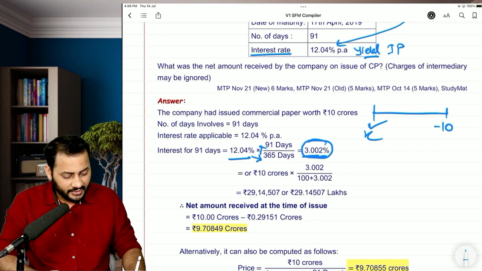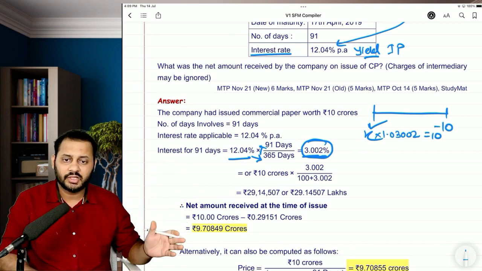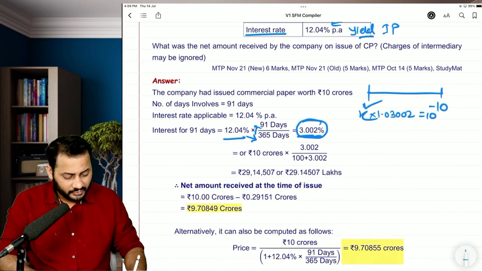So can I say x into 1.03002 should be equal to 10, and the answer is done. You do so much calculation, man. You don't have to do anything like this. Just put it like this: compound amount is equal to principal into (1 plus r).